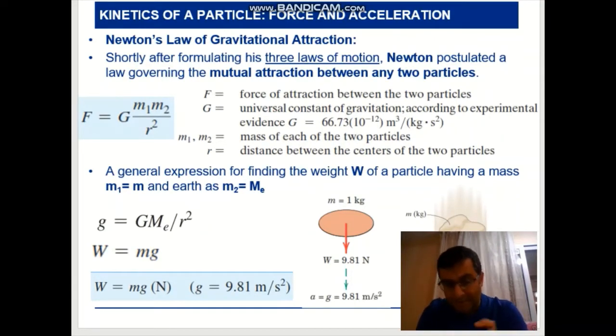The acceleration is calculated experimentally, and it states 9.81 meters per second square. So in our case we use mg, and g is a constant 9.81 meters per second square. If it is in imperial units, the constant is 32.2 feet per second square, and the weight in lbf.